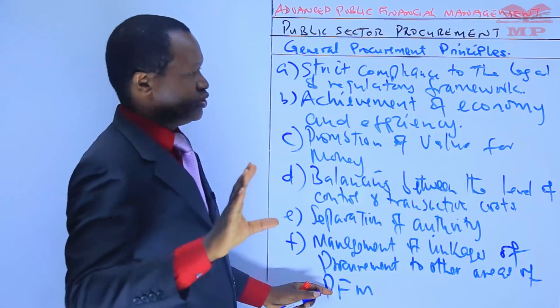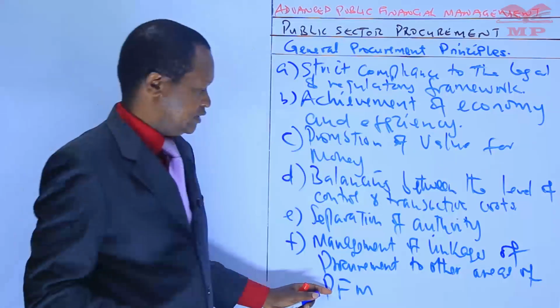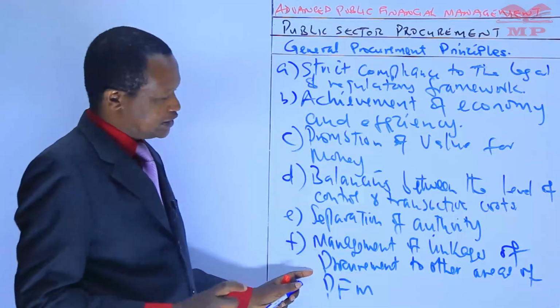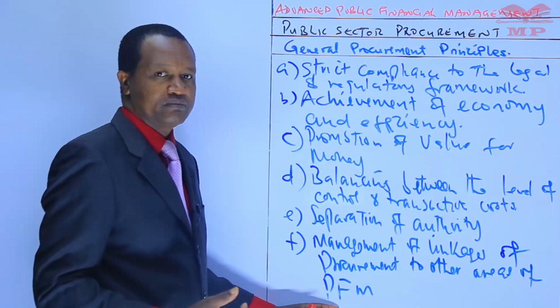Then there is also external scrutiny. So there ought to be linkages of procurement to those other areas of public finance management.